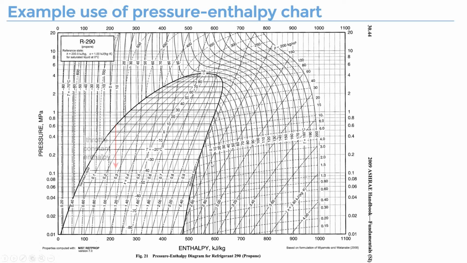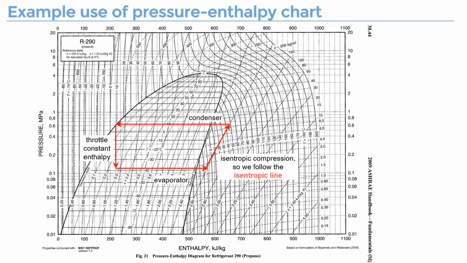So I just showed you the examples of using this pressure enthalpy chart. It's possible you have a superheated state. That might be because your vapor is continuing absorbing the heat from this refrigerated space.